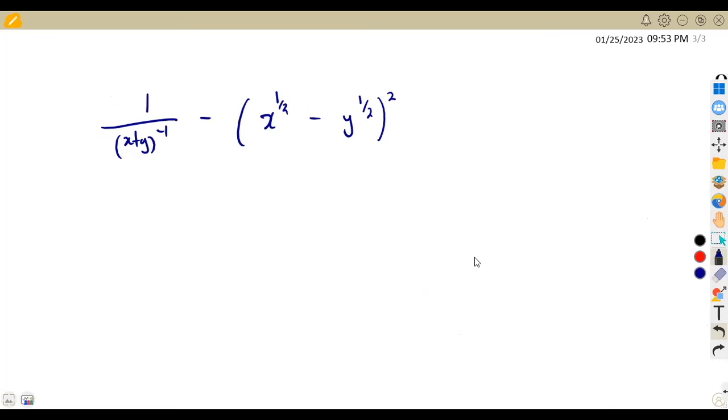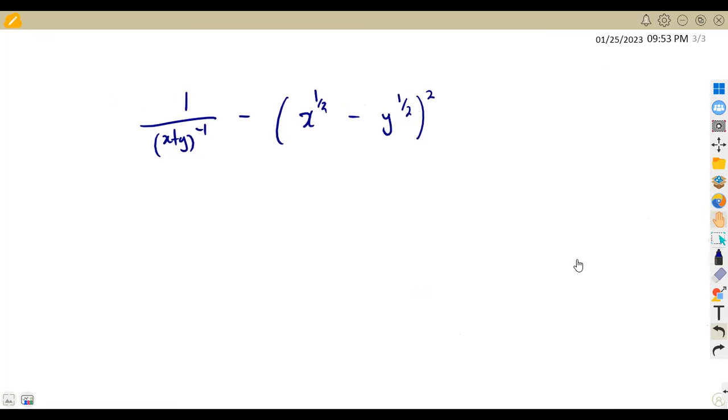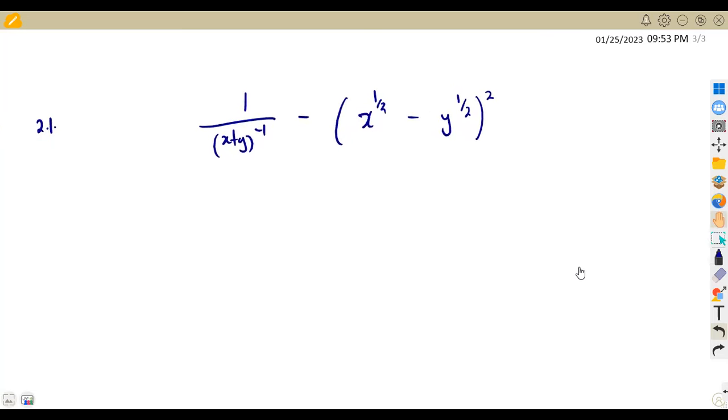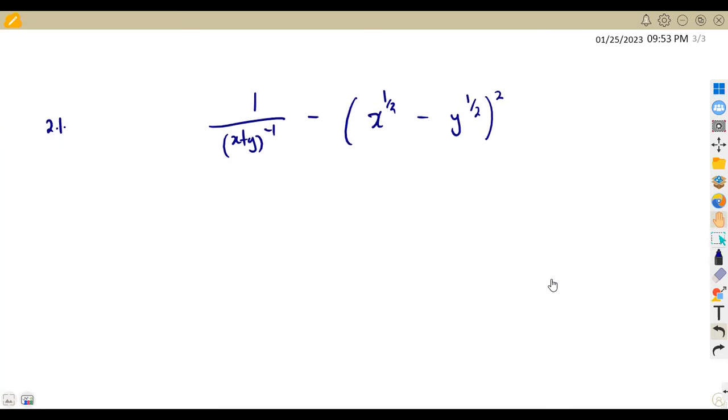So if we check from this view, guys, we can see that there is a bracket that we're supposed to expand. And on the other side, from 1 over x plus y to the exponent of -1, we are supposed to apply some laws of exponents because we are raising to the exponent of -1, knowing that x to the exponent of -1 is same as 1 over x.